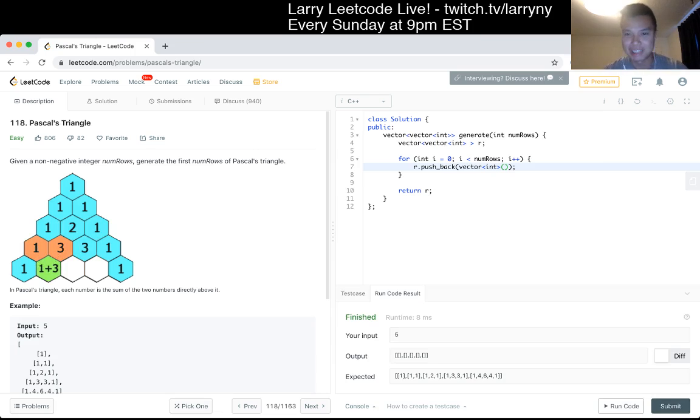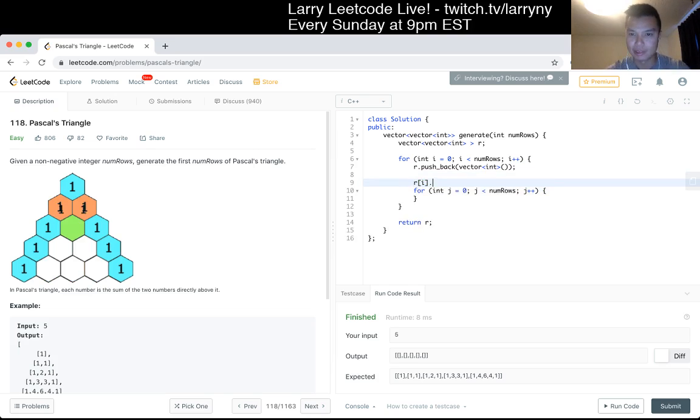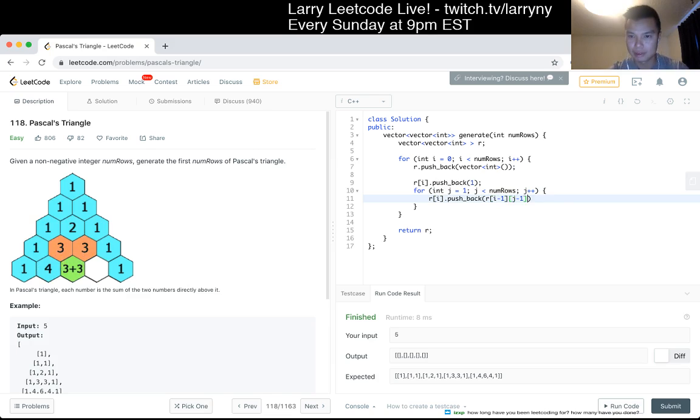Okay, just double check on the syntax. Always trying to be a little better. Okay. It always starts with one, so I'm going to do that. Maybe that's okay.